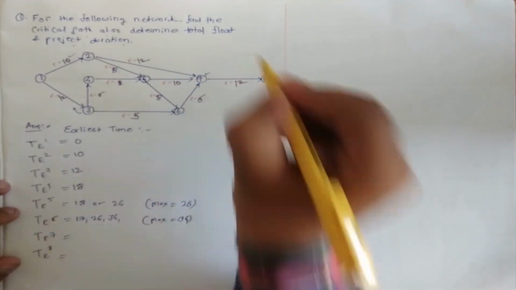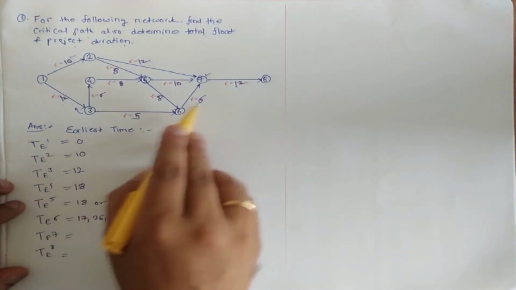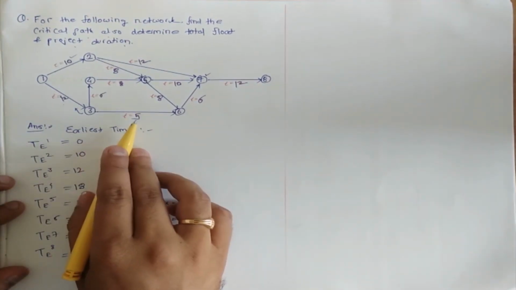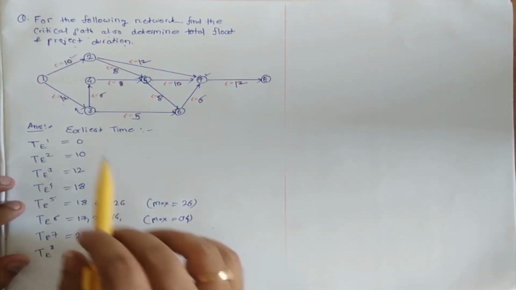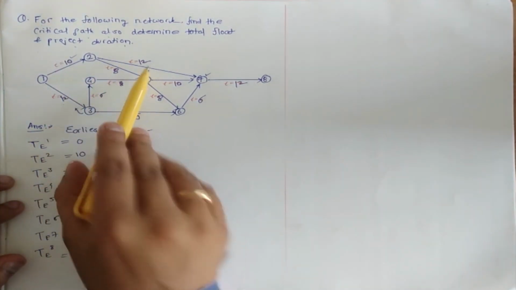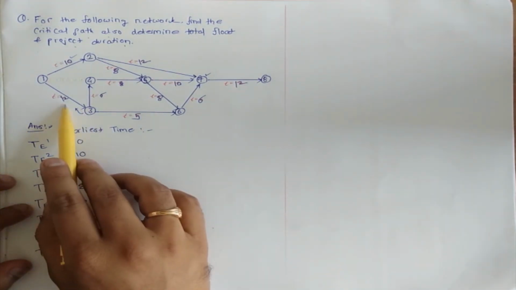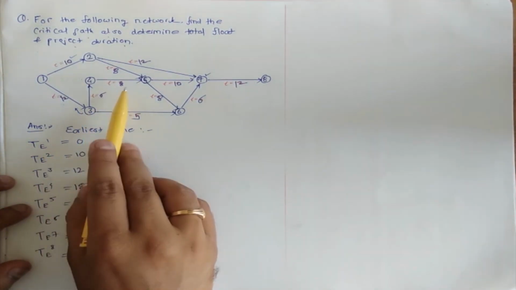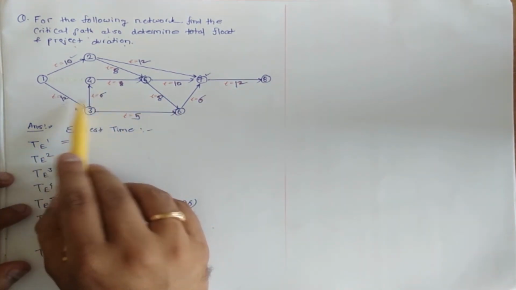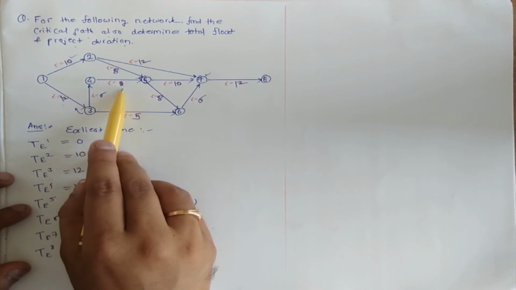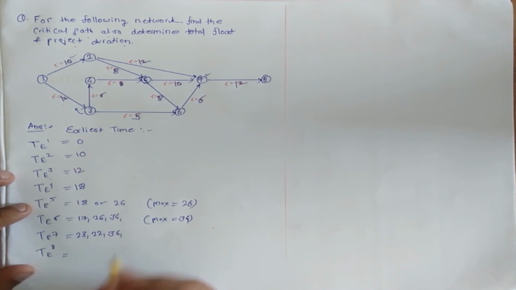Now event 7. So the route will be 12 plus 5 plus 6: 12 plus 5, 17, plus 6, 23. Then 10 plus 12, it's 22. Then 12 plus 6 plus 8 plus 10: 12 plus 6, 18, plus 8, 26, plus 10, 36.